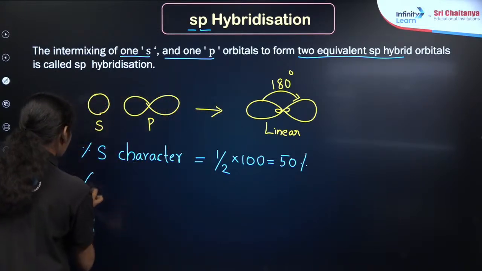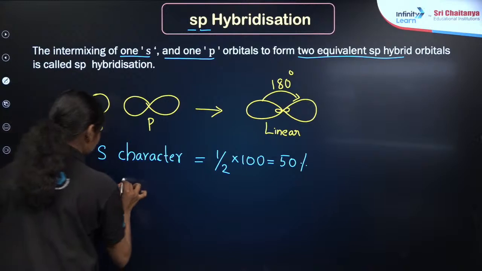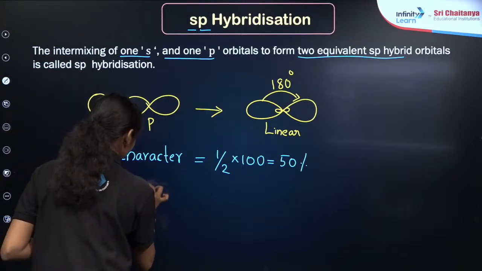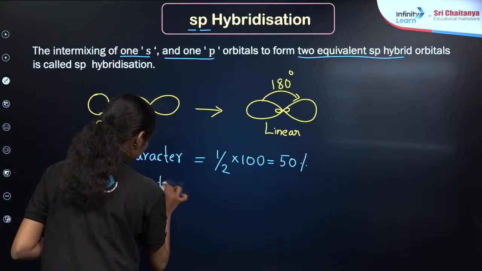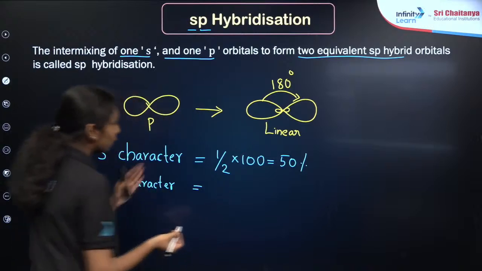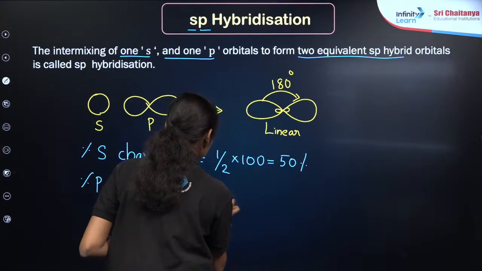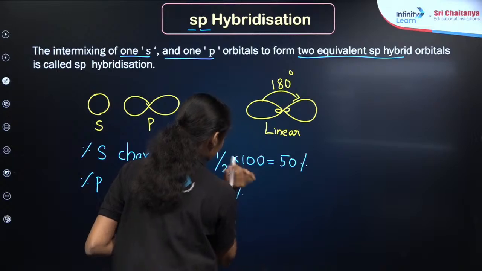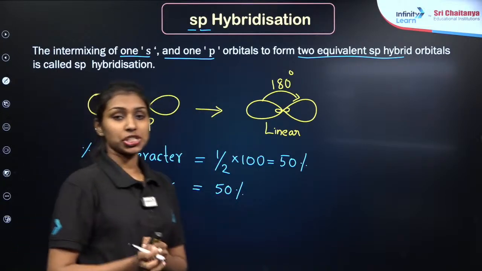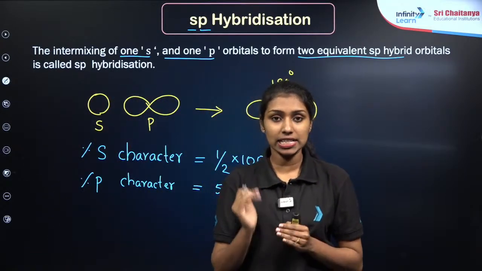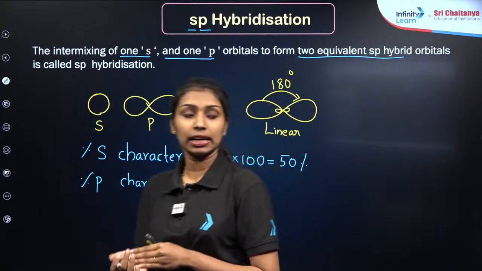Then what about p character? Again 1 by 2 into 100, or you can take the difference between 100 and 50. It is again 50%. So we can say that in the case of sp hybridization there will be 50% s character as well as 50% p character. Clear?